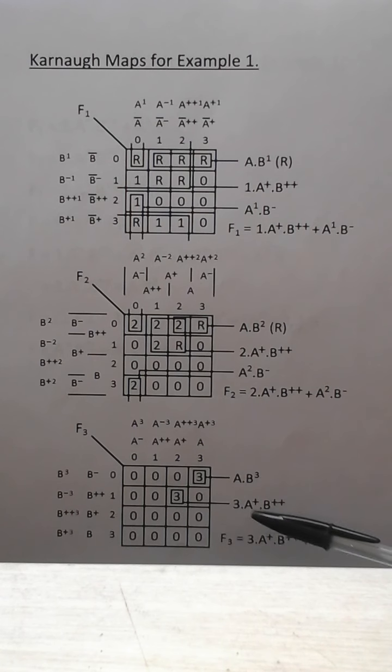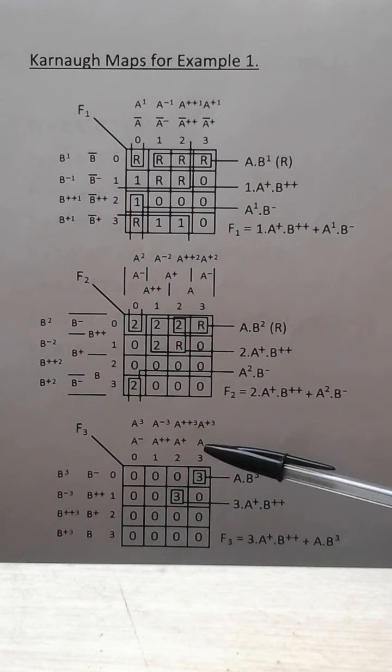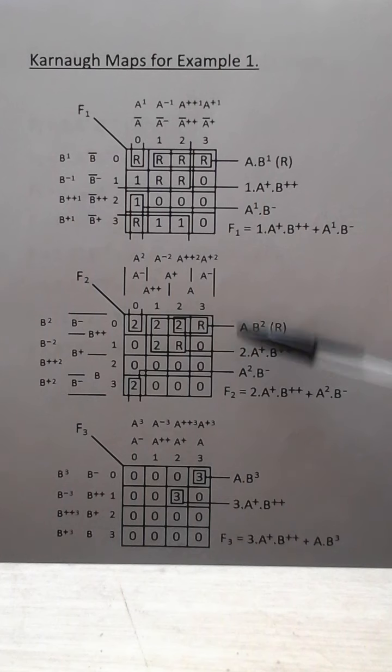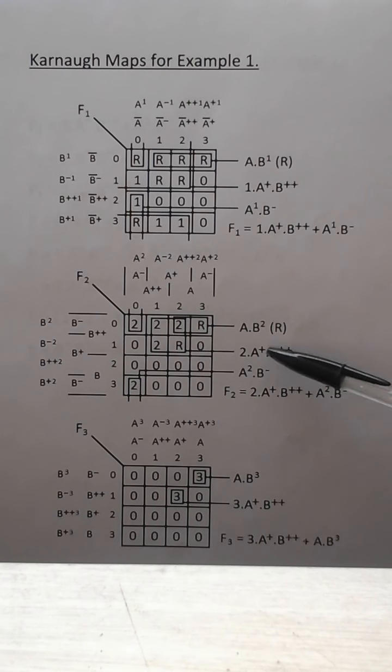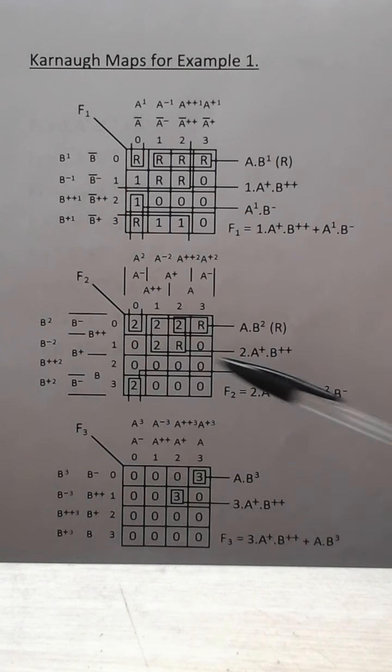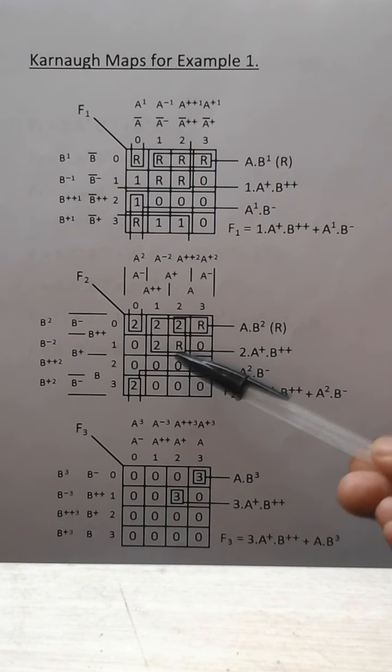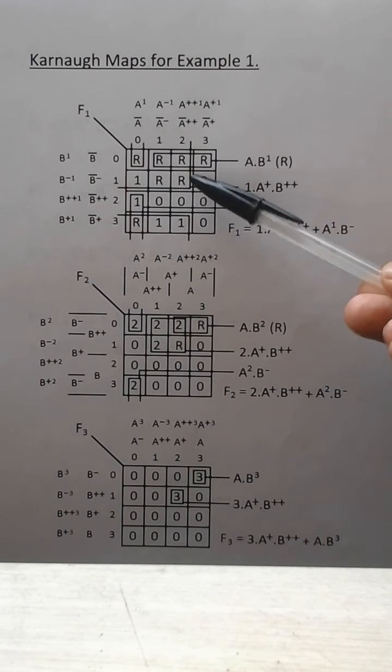And again, you have to make sure that the term appears in F2 and F1, all low Karnaugh maps, because I'm using 4-valued unary operators. So A plus and B++ appears here, and because I'm using 4-valued unary operators, I place a 2 in front of it because it only deals with 0s and 2s, and it appears here.